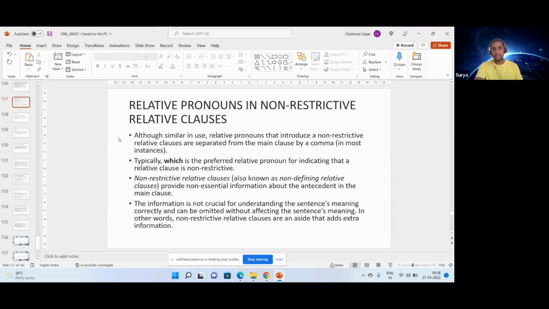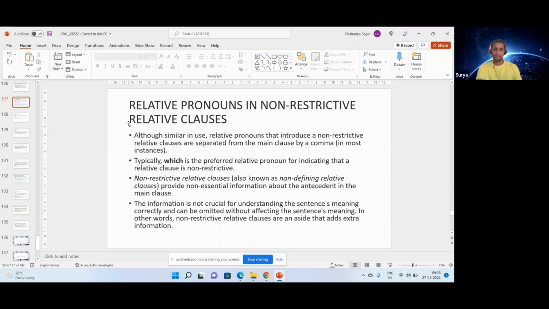Now we'll see relative pronouns in non-restrictive relative clauses, the non-defining relative clauses, which give extra, more qualitative information. The primary difference is that in restrictive relative clauses, we use that, and in non-restrictive relative clauses, we use which.